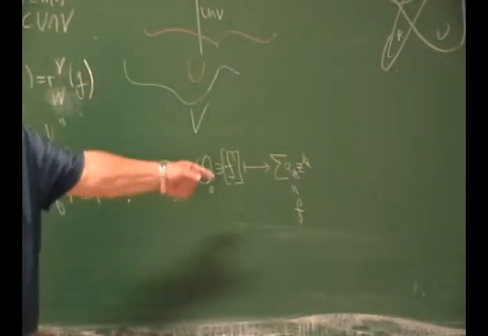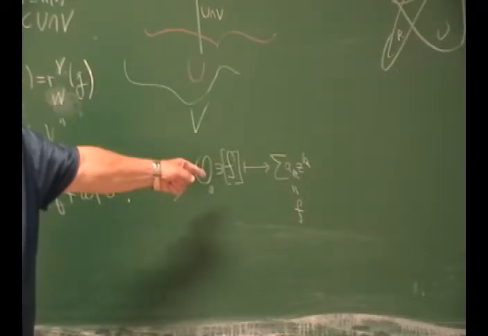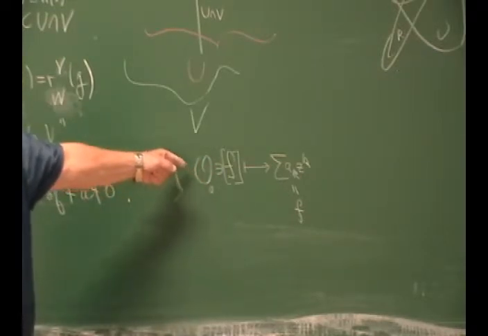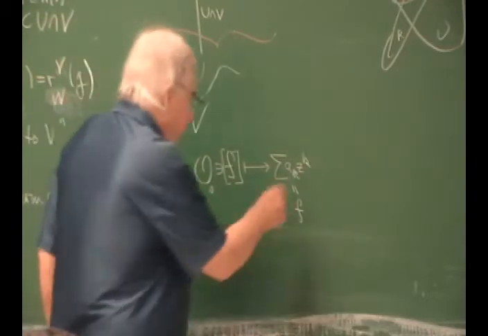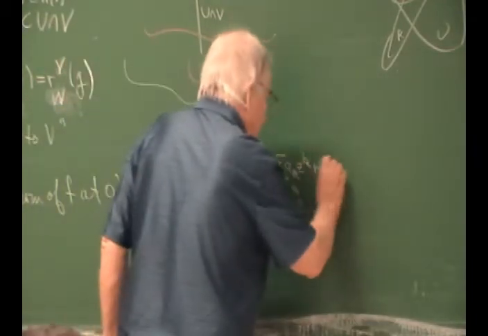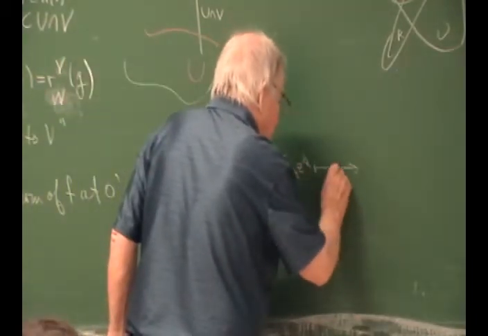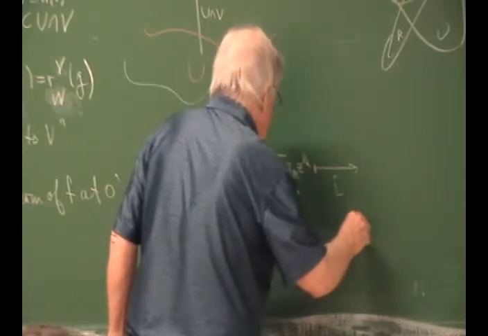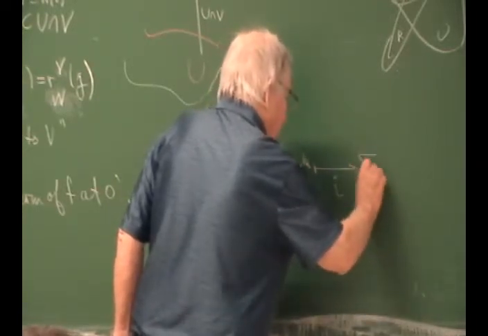I send it to its power series development. I fix the coordinate, and then this map, which I'm going to call iota, is well defined.